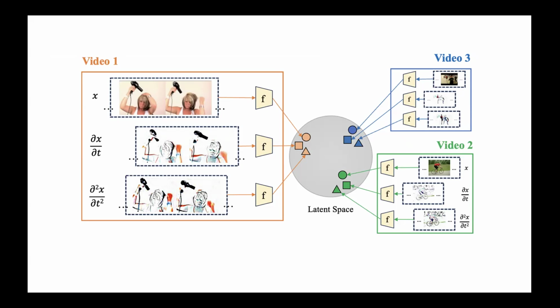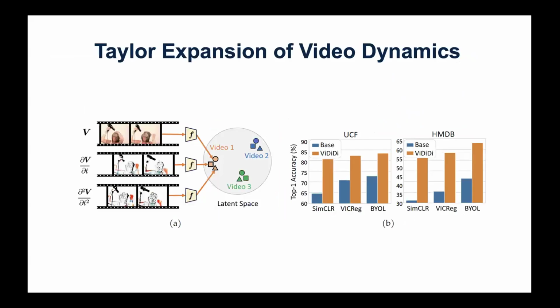And we train a model using a self-supervised learning loss, that's the instance discrimination. So the model needs to figure out that this set of views comes from the same video versus different videos, and no matter what kind of views, different videos need to map onto different locations in the representational space.